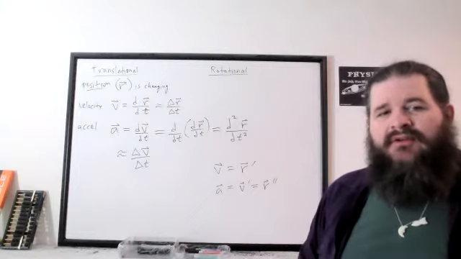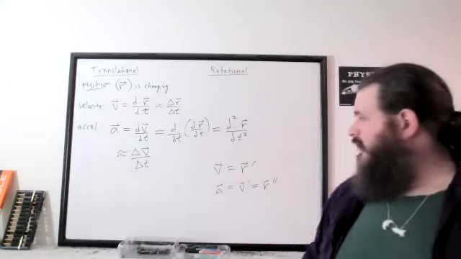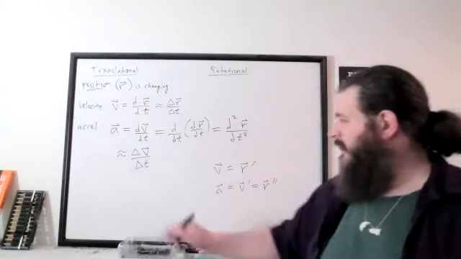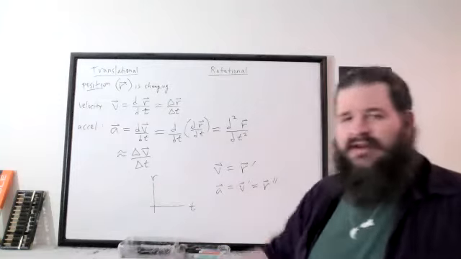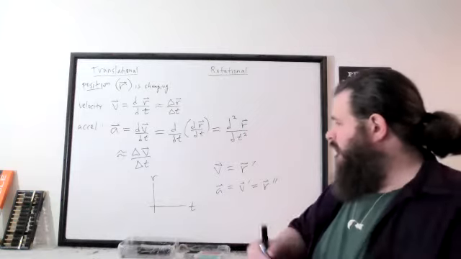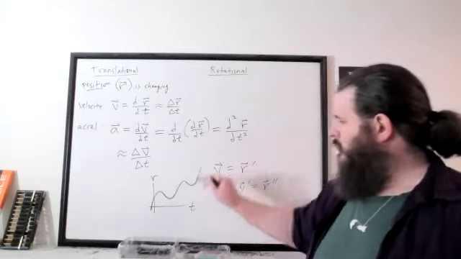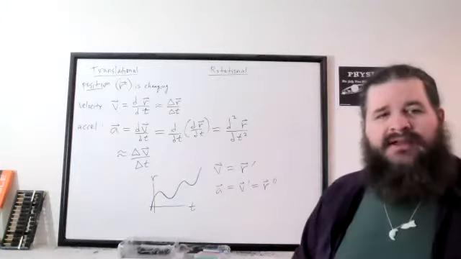Which means everything you've already seen about derivatives and second derivatives from calculus applies here. If you think of position versus time as a function, let's say we're talking about just one-dimensional motion, position in a single straight line, and you have some graph of position. Anything you know from calculus about derivatives applies here.